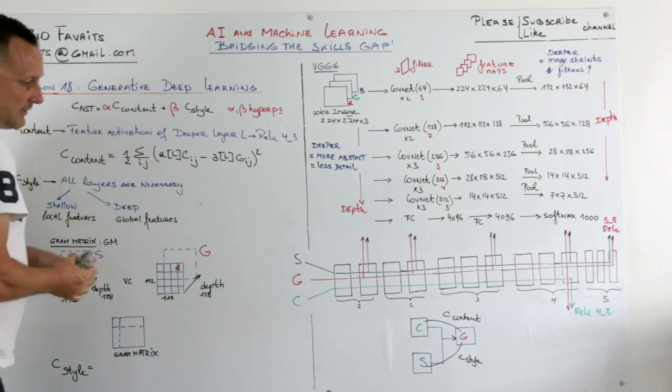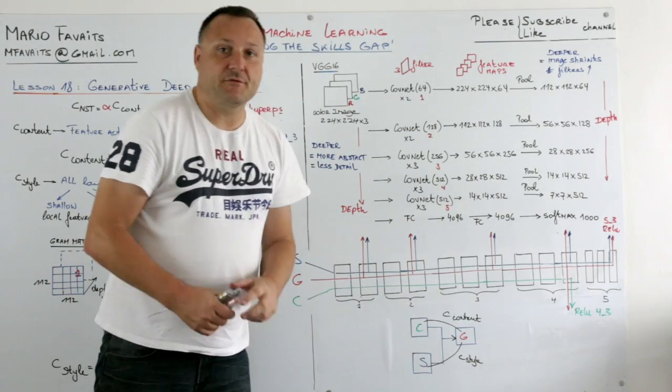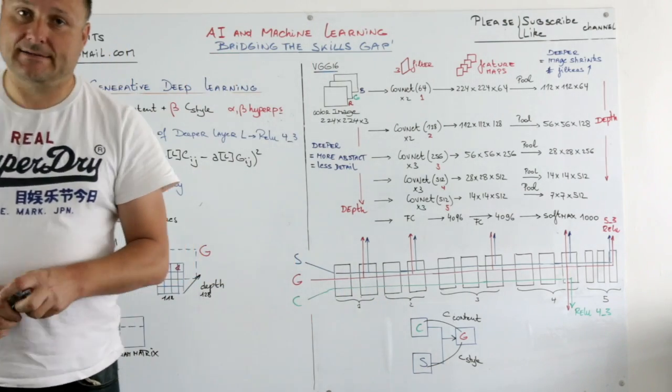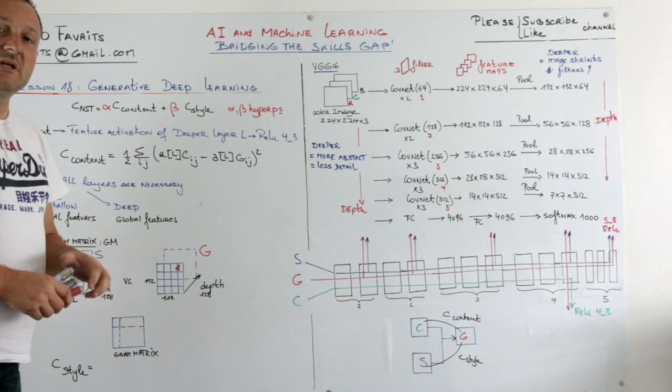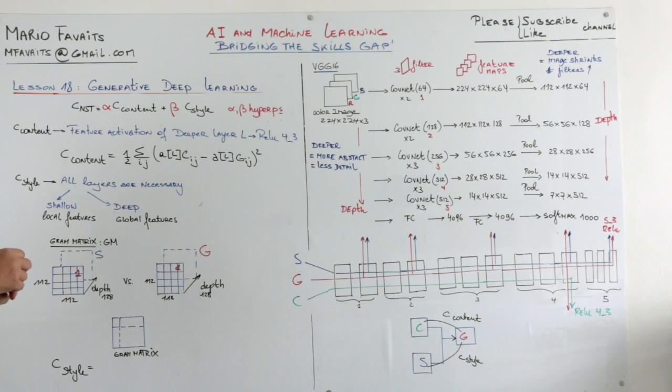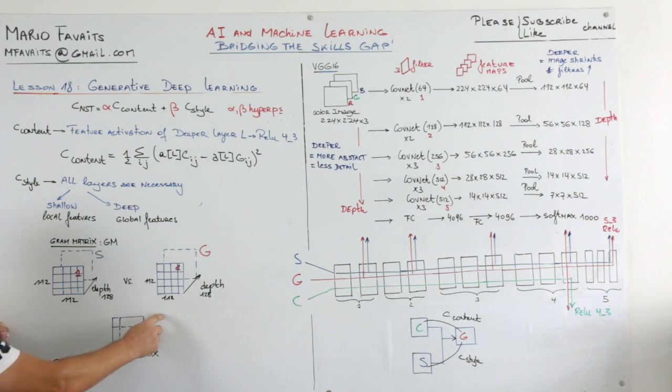Now, all these three images have to have the same size. So if they're not, we need to pre-process a little bit. And basically what we're going to do is we're going to calculate the gram matrix here, the gram matrix there, and then compare them.